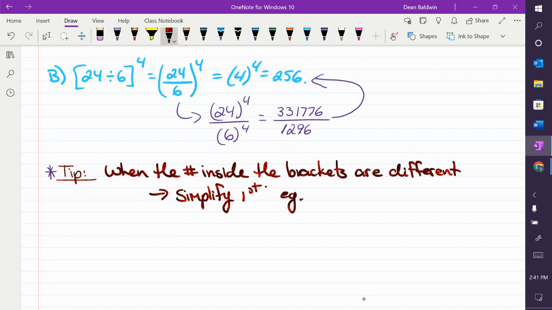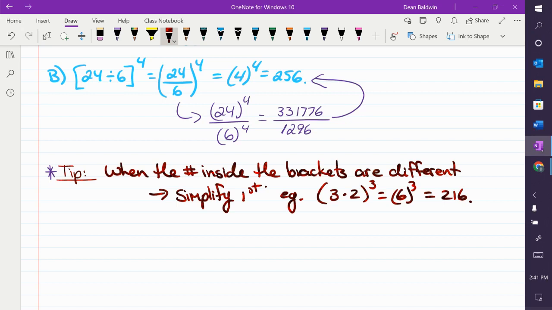Let's put an example here. So if we have 3 times 2 to the third, I would simplify what's inside the brackets to get 6 and then raise it to the power of 3. I don't know what 6 to the power of 3 is. 216. Okay?